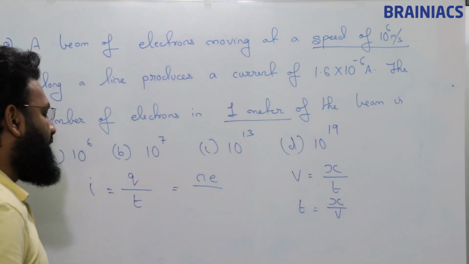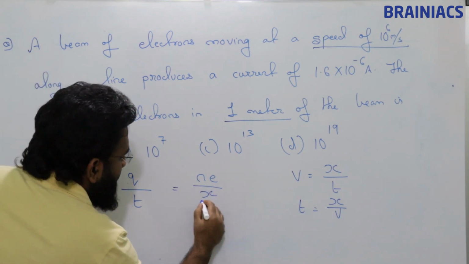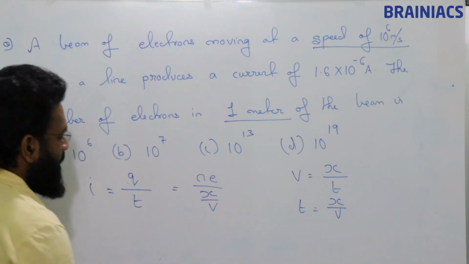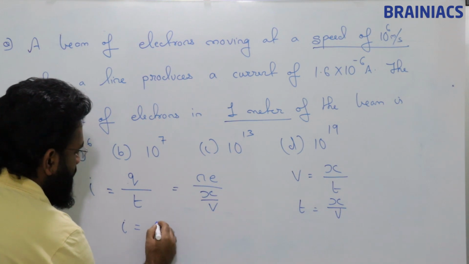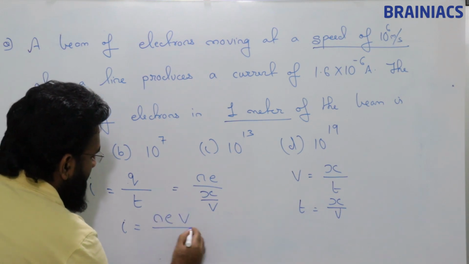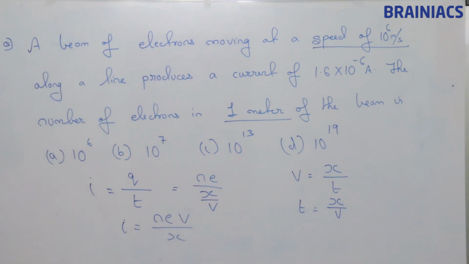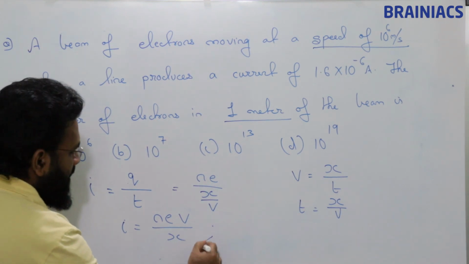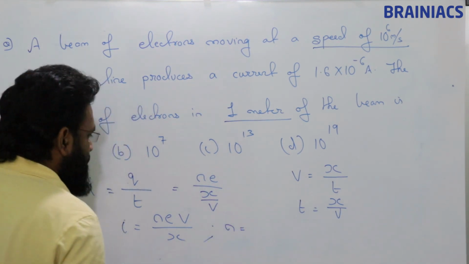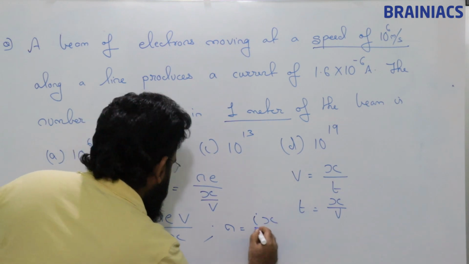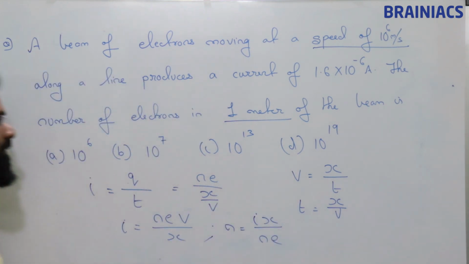So substituting that here, I is equal to NEV by x. So from that we get N is equal to Ix divided by V into E. Okay, so substituting the values there, we will be getting the answer.